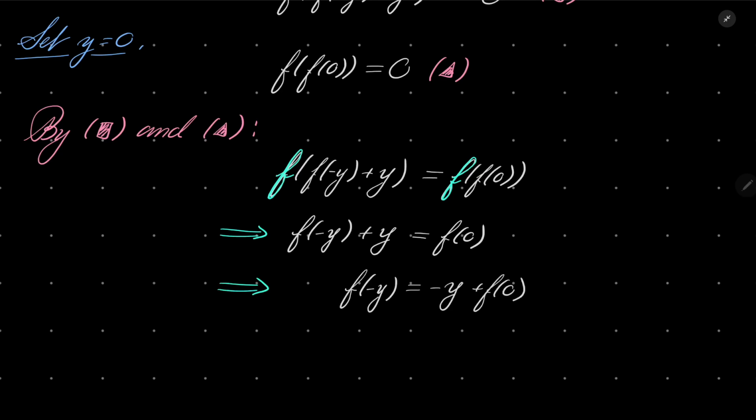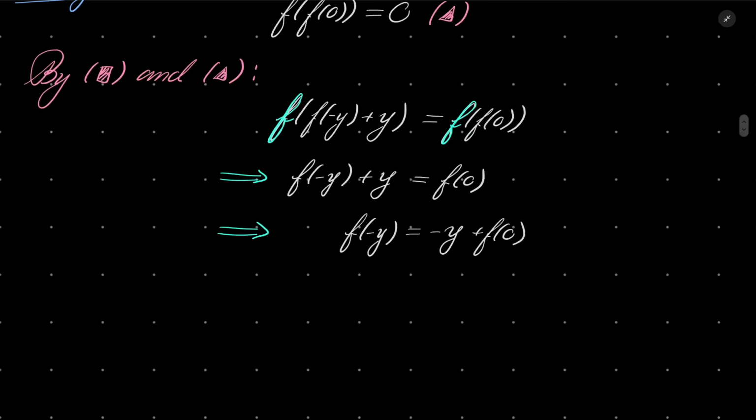Perfect. Now, we have just established that for every real x, changing minus y to x, f of x must be equal to x plus f of 0.